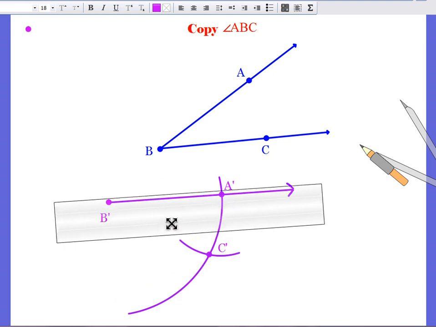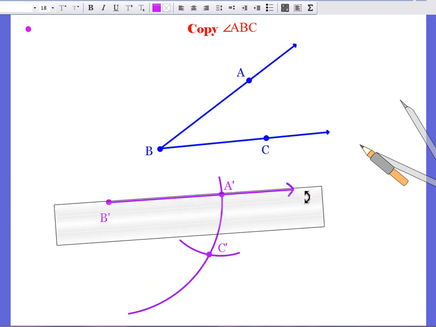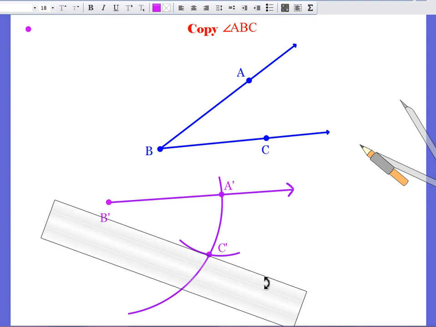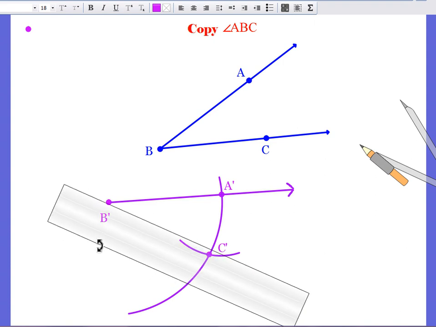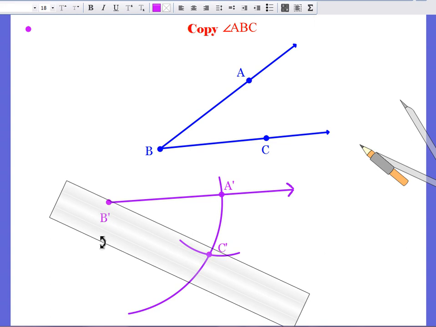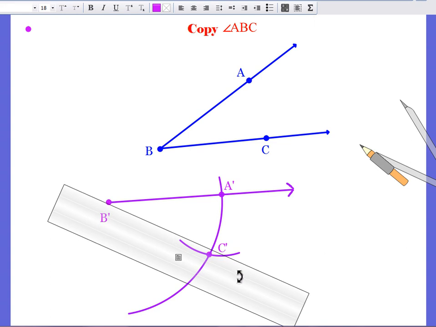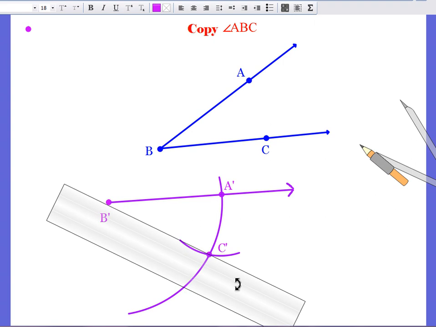Bringing in our straight edge, we're going to draw a ray starting at B prime and going through C prime.